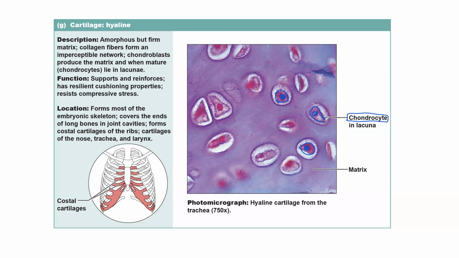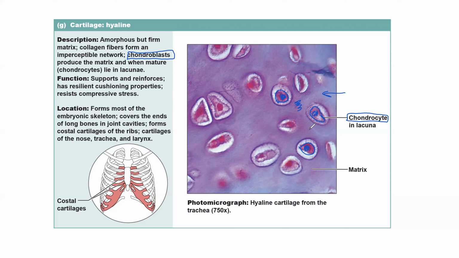Now, when they are young cells and very metabolically active, and they secrete all this matrix between them, we call them chondroblasts. So here's our chondroblast. Chondroblasts secrete the matrix. When they become surrounded by the matrix, they turn into chondrocytes.